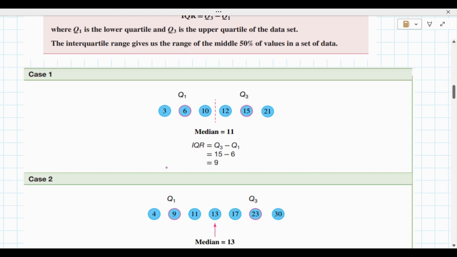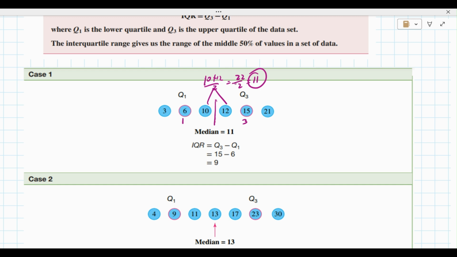Let's have a look. 3, 6, 10, 12, 15, and 21. To find Q1 and Q3, the median is in between, which is 10 plus 12 divided by 2, which is 22 divided by 2, is 11.